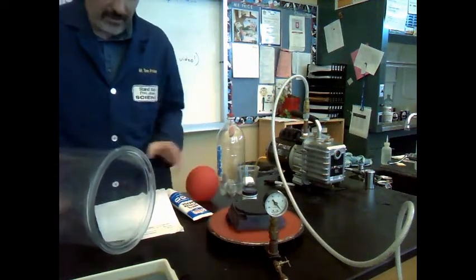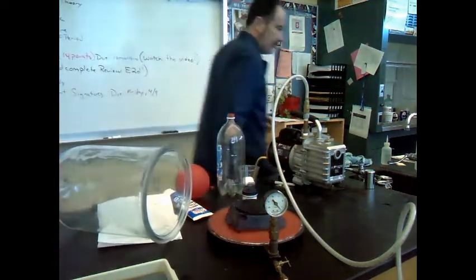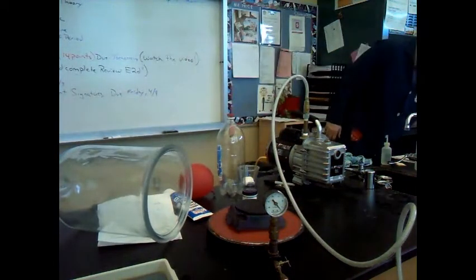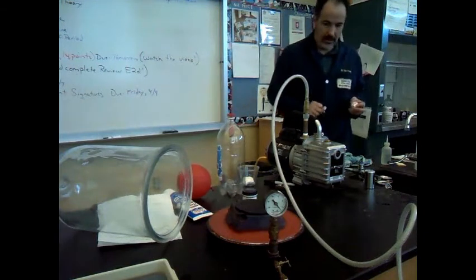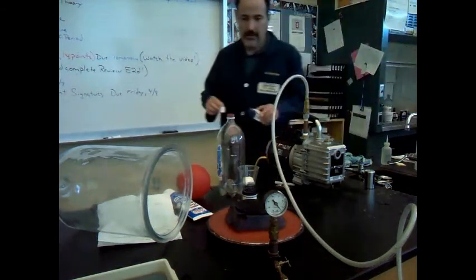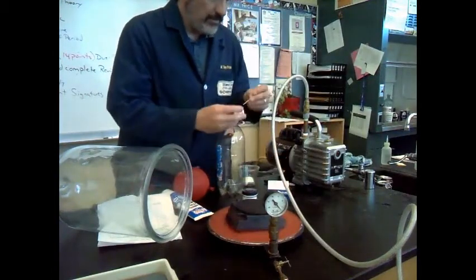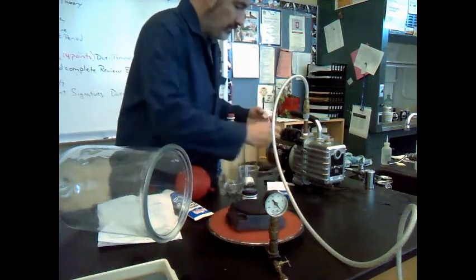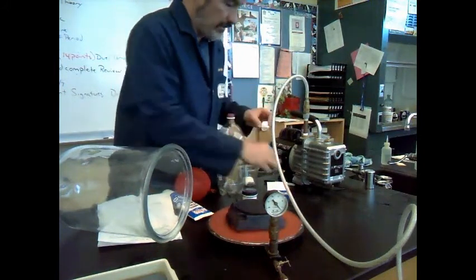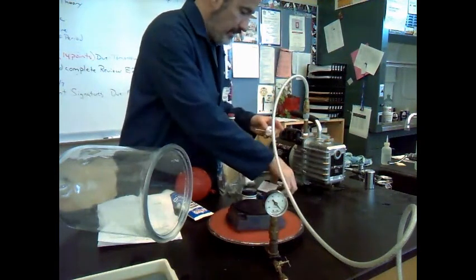Now the last thing is I'm going to do the same thing again, but this time with a marshmallow. I'm going to place it on here, but so you can see it, I'm going to stick the marshmallow with some toothpicks so that it is propped up.